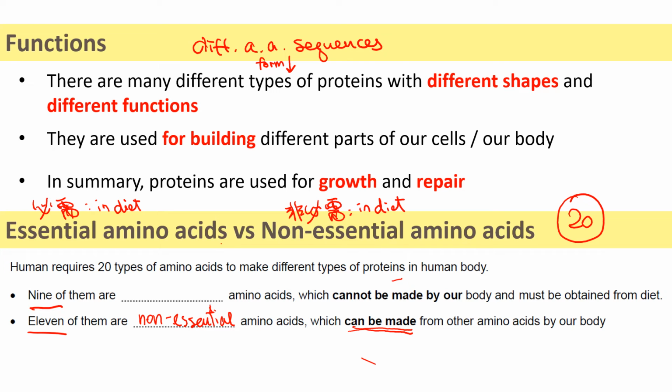They are super important for our body again. The other 9 amino acids, they can't be made by our body. If they can't be made, then the only source of it must be from the diet. So that's why they are called essential amino acids. We must have them from the diet because we can't make them.